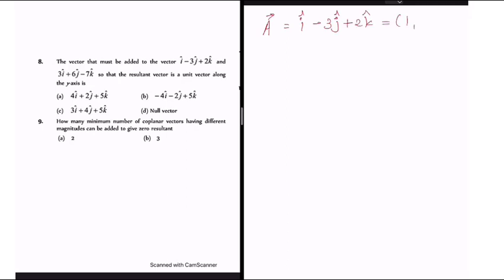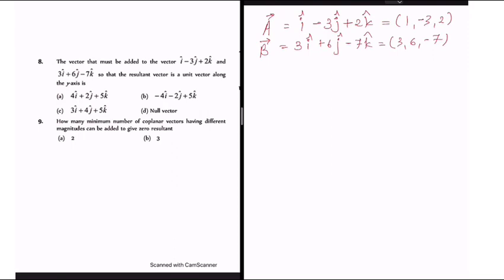I'll write 1, minus 3, 2. Same way, vector B is 3i cap plus 6j cap minus 7k cap. I'll write 3, 6, minus 7.